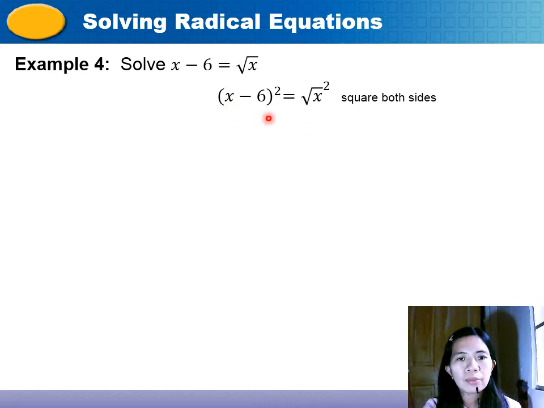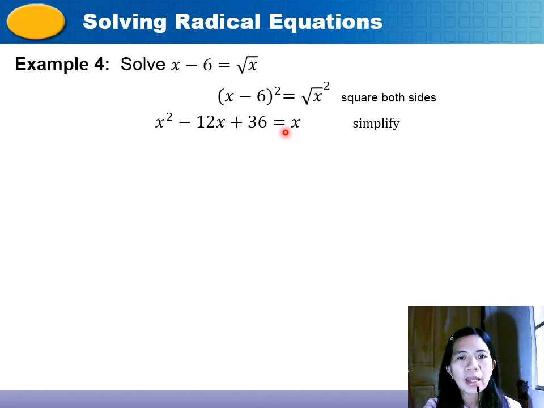So this one, we are going to use the square of a binomial. By squaring a binomial, we have x squared, negative 6 times x will be negative 6x times 2, it will be negative 12x. Negative 6 squared is positive 36.